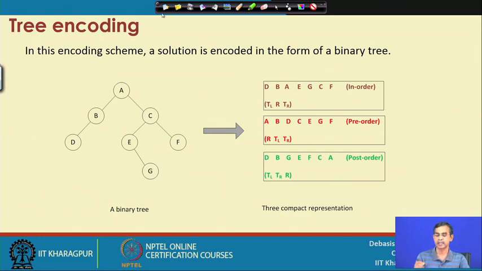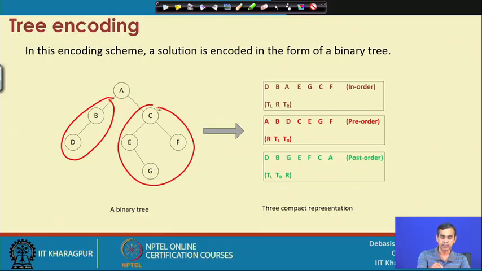Now, I have mentioned three different ways the tree can be visited, and the first method is called in order. In order means to visit these things we have to visit this thing first, then this one, and then this one. Again the same way, to visit this one we have to visit this one, then this one, then this one, likewise.